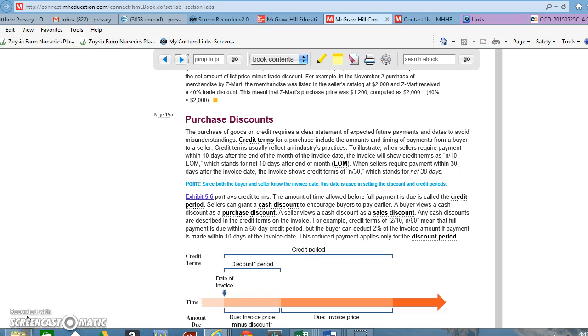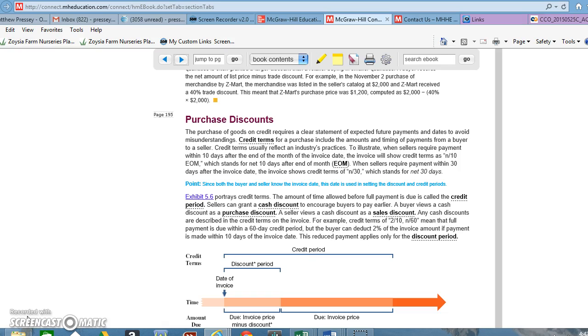Purchase discounts are basically a discount that the retailer will receive based on whatever the credit terms of the purchase agreement with the wholesaler provide. Typically, if you pay within 10 days, there could be a percentage discount, it depends of course, and then the net is due within 30 days.